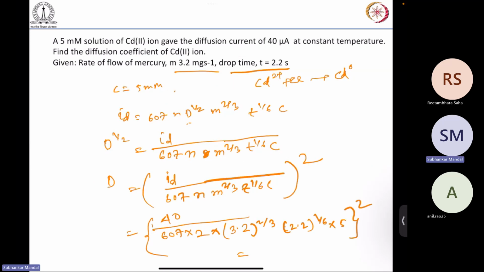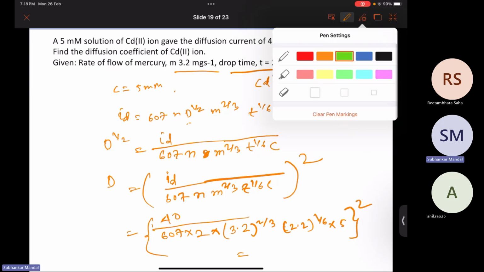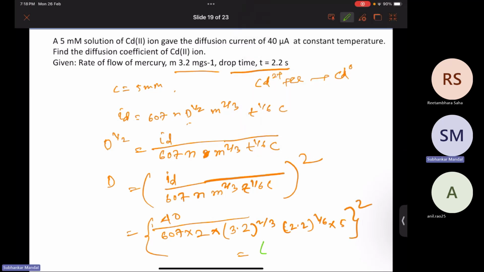Okay, so what will be the value? This one is coming 2.6613 into 10 to the minus 3, into whole square.